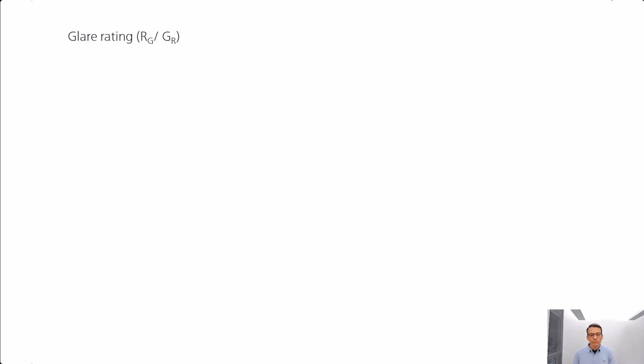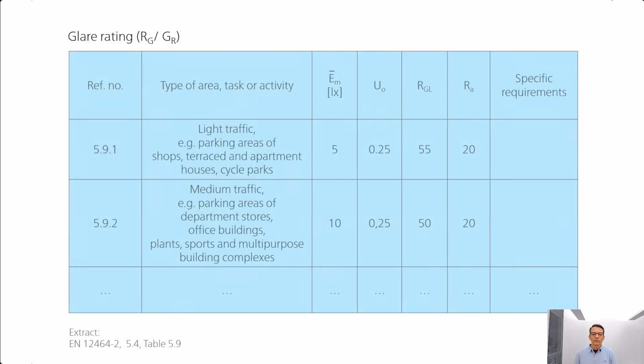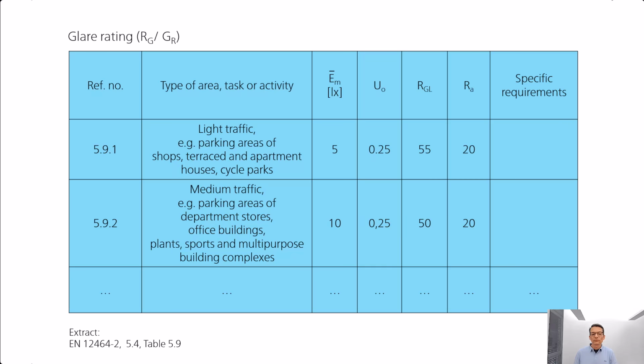If you have already planned outdoor workplaces in accordance with EN 12464 Part 2, then you will certainly know that there are limit values for so-called GR or RG values. Again, this relates to the issue of direct glare. The maximum permissible values can be found in the tables of EN 12464 Part 2, depending on the type of area, task, or activity.